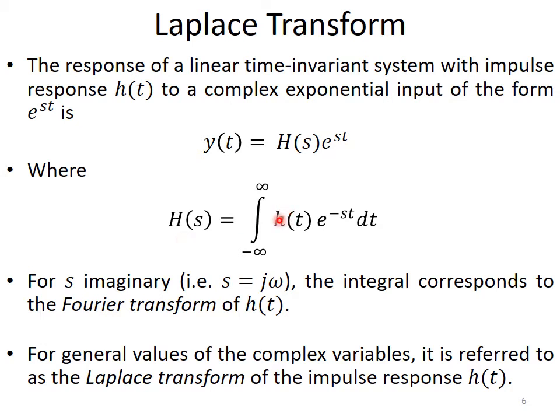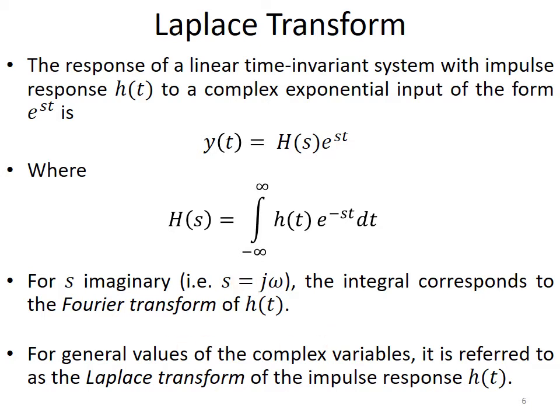In this case it is h of t, which is the impulse response of any LTI system. Now here, if s is only imaginary, for example s is equal to j omega, then replacing s with j omega would give you the Fourier transform of h of t, right.